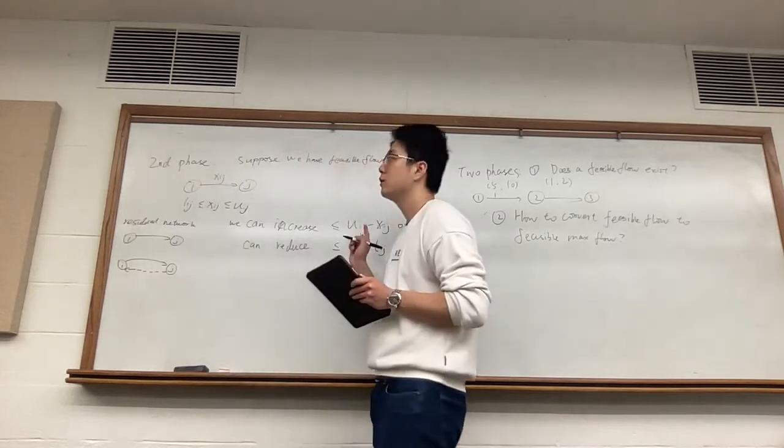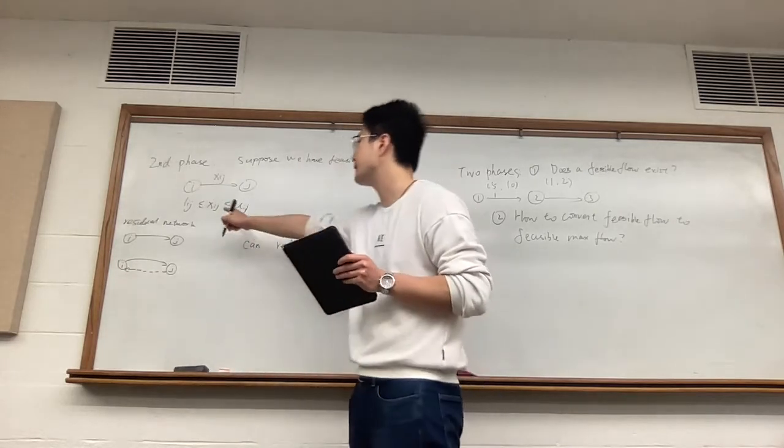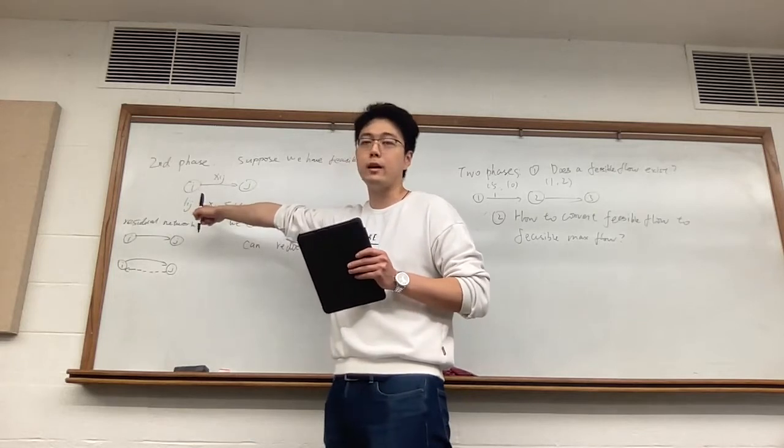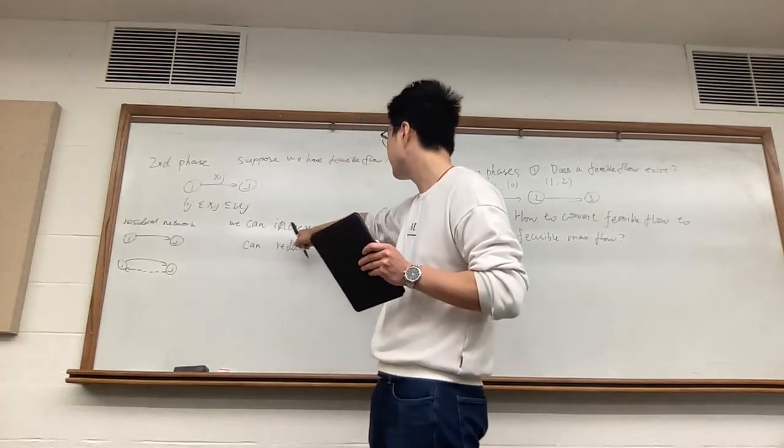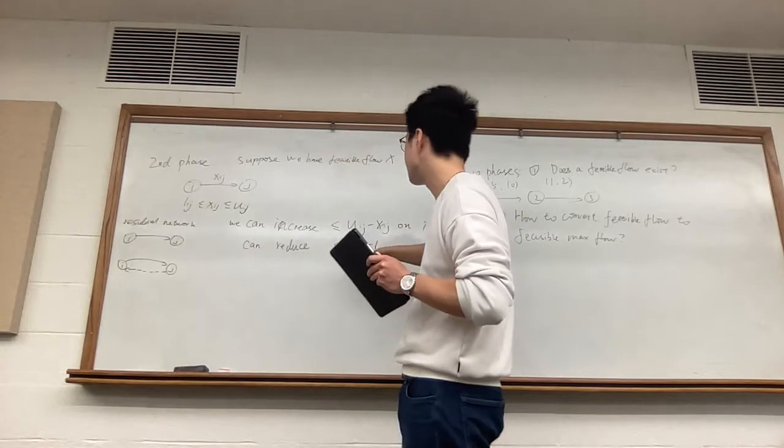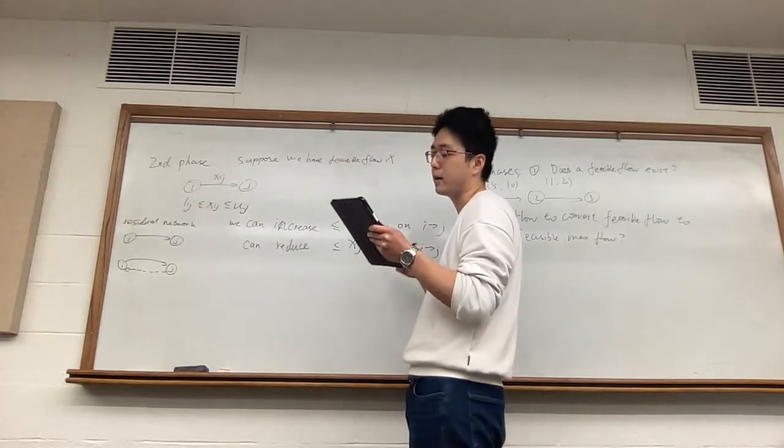Because for a feasible flow, we need to make sure that Xij is greater than or equal to Lij. So we can reduce at most Xij minus Lij on the arc I to J.